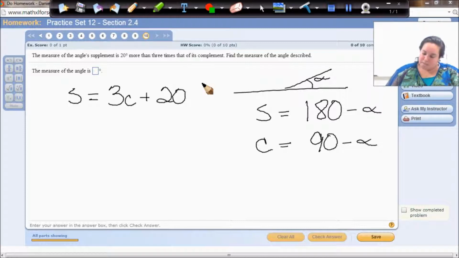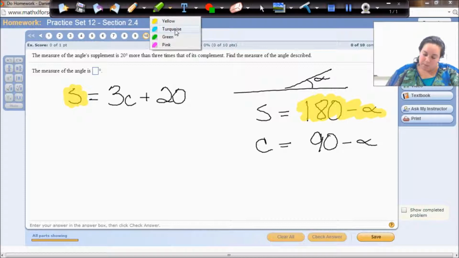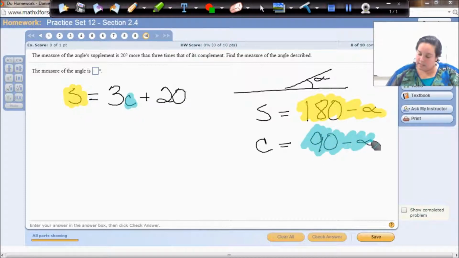Okay, so now we have lots of equations. We have 3 actually. This one we get from this sentence right here. This one we get from what it means to be a supplement. This one we get from what it means to be a complement. We can plug in this for S. Okay, so let me highlight some stuff here. We can replace S with this because we know that S equals this. And we can also replace C with this because we know that C equals this.